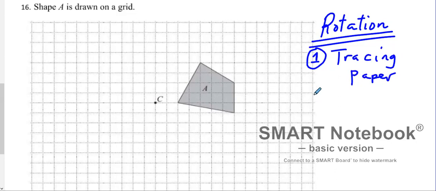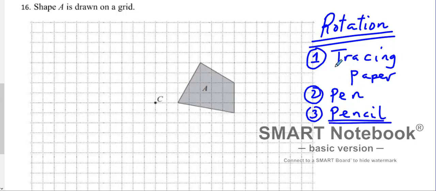And number 2, we need to have a pen, and we need to have a pencil. I will explain why we need a tracing paper, why do we need a pen, and why do we need a pencil.